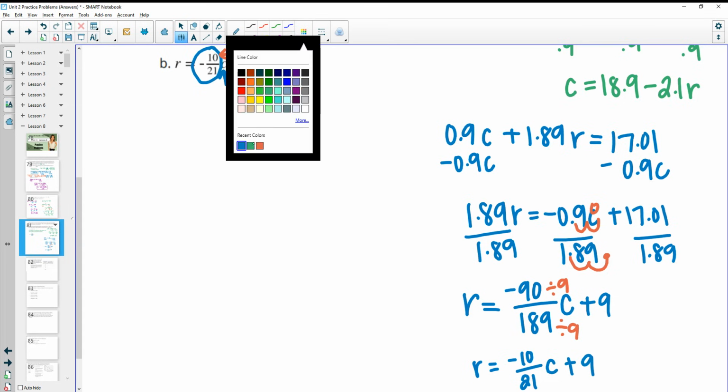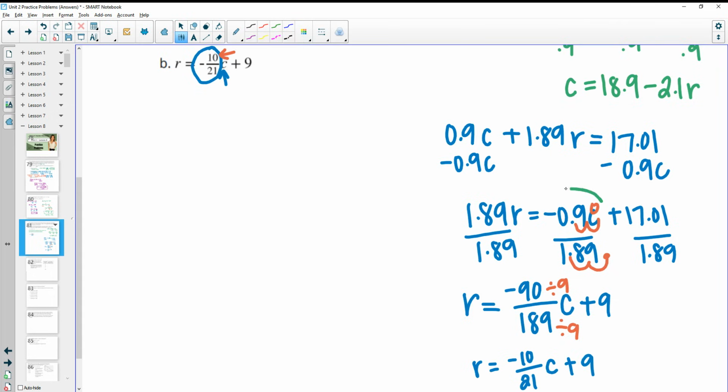You also could just have divided these numbers and gotten the decimal of 0.47, I believe it is. So if you do negative 0.9 divided by 1.89, you get 0.4761. And then you could have done 10 divided by 21 and also seen that it was 0.4761, and notice they're equivalent that way too if you didn't want to do the fractions.